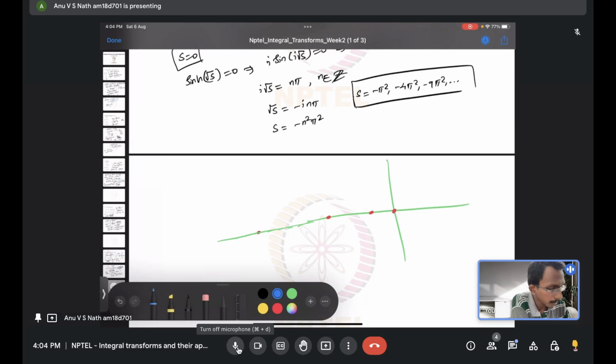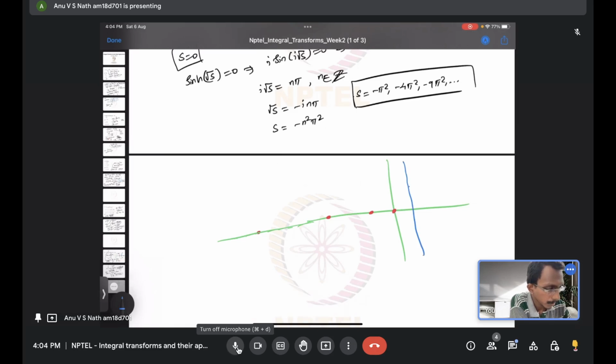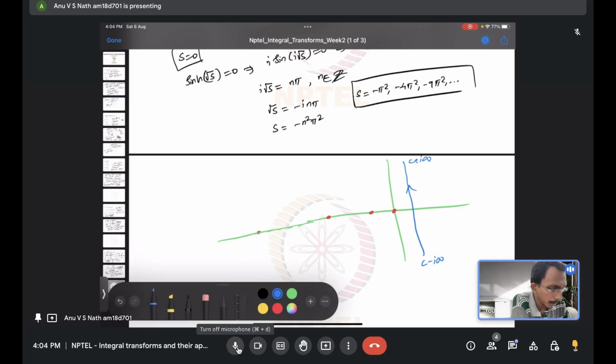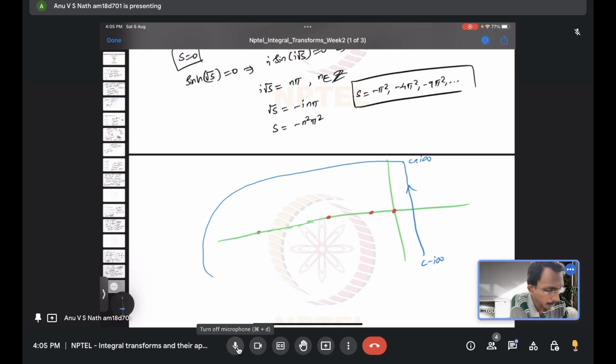We should choose the C such a way that the line from C - i∞ to C + i∞ lies on the right of all the singularities. So we will choose any real positive number for C, it doesn't matter. And now we close this loop to include all of the singularities.